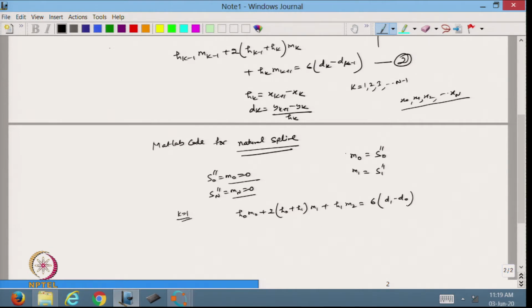Here d1 and d0 are known, and I also know h0 and h1, so the only things I need to find are m0, m1 and m2.